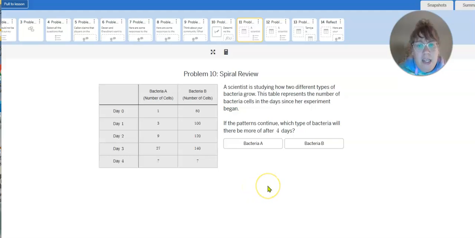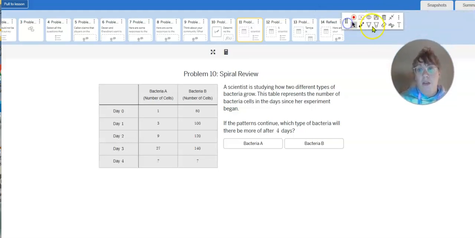A scientist is studying 2 different types of bacteria that are growing. The table represents the number of bacteria cells in the days since her experiment began. If the pattern continues, which type of bacteria will there be more of after 4 days? So looking at our first pattern, let me get my pen tool.